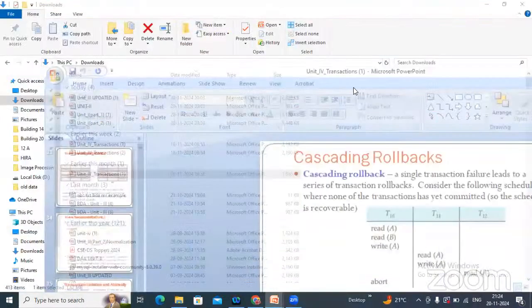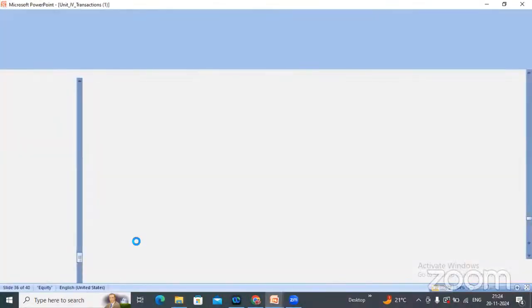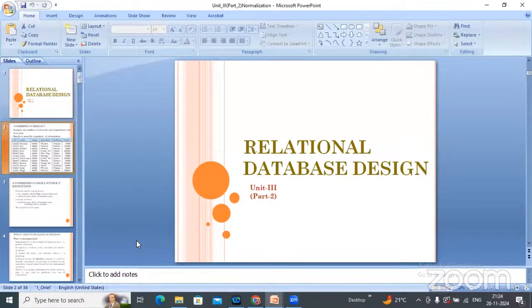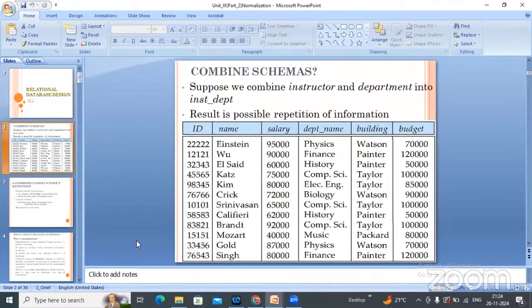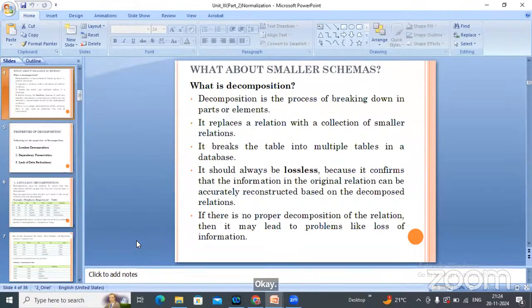Wait a minute. So before going to functional dependency, let's see what is meant by decomposition. These are all interrelated, so I am explaining those and then these. So what is decomposition? Decomposition is the process of breaking down into parts or elements.